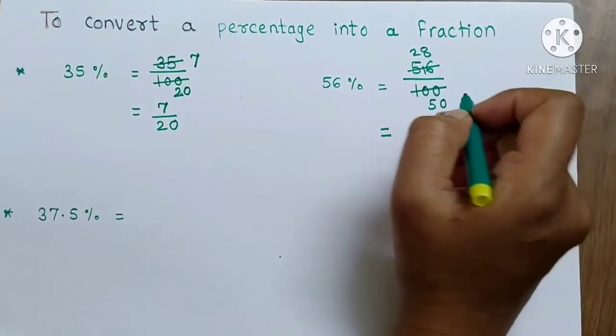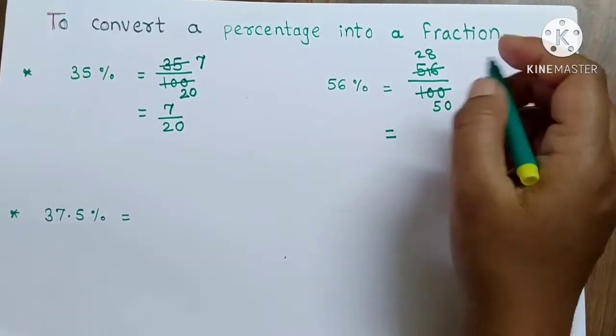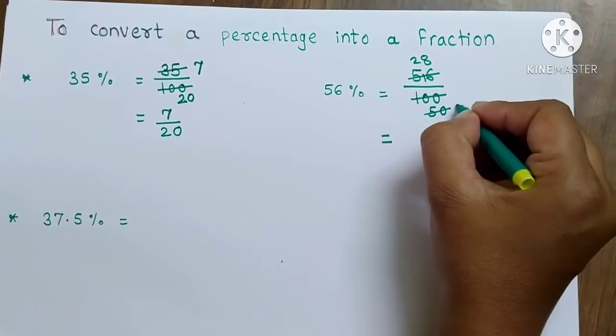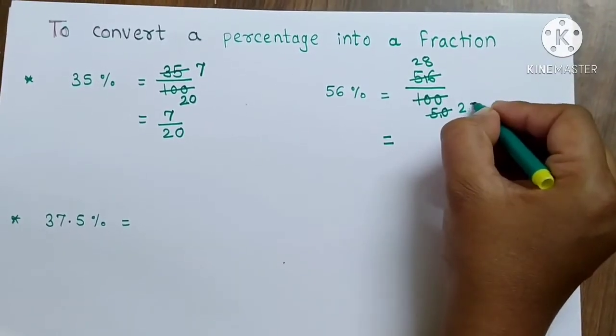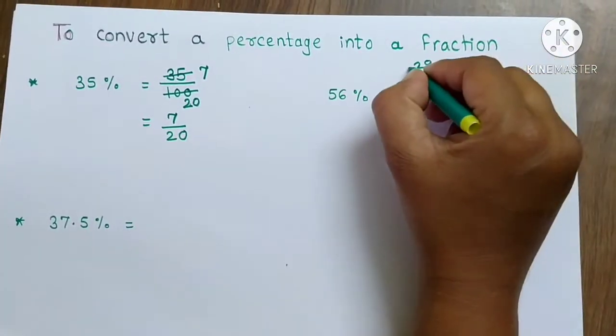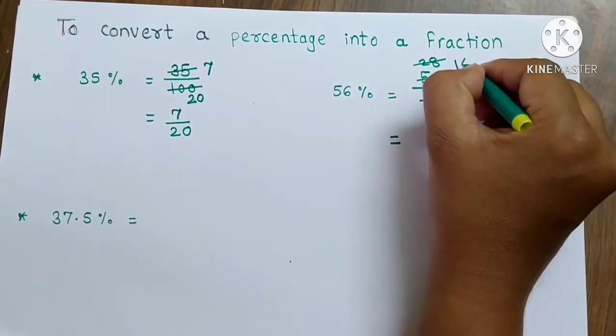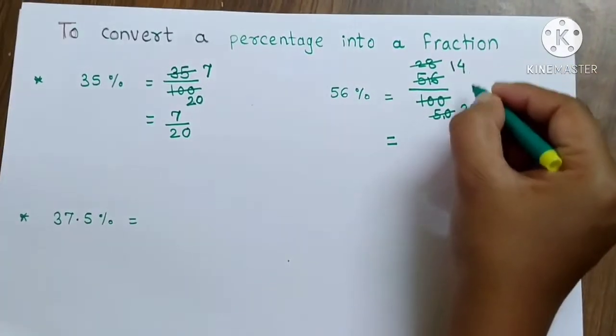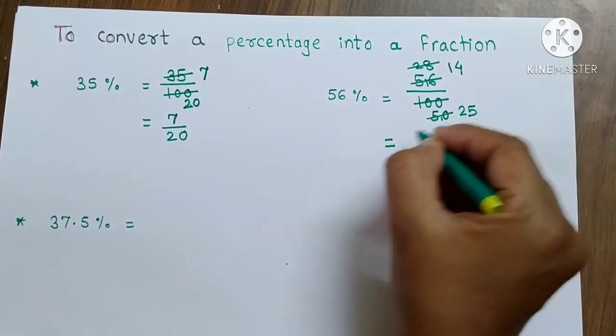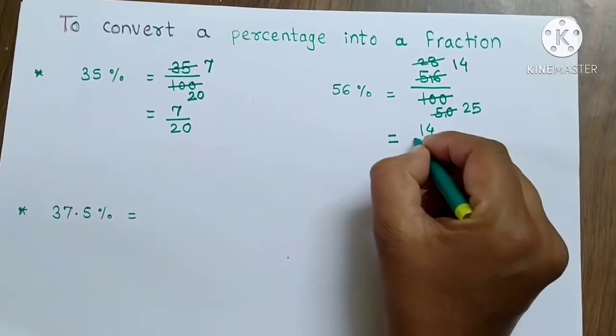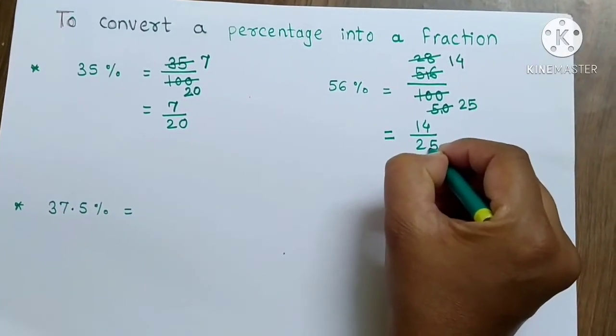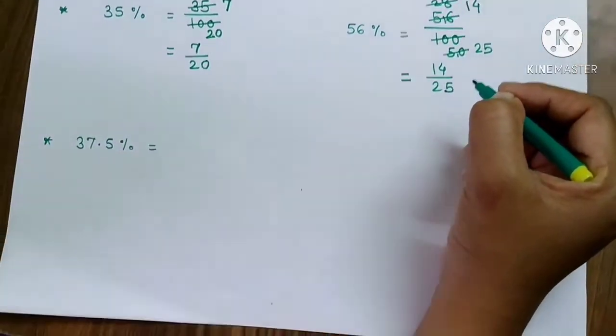Now again I am going to reduce this 28 and 50 by 2. 2 2s are 4, 1. 2 5s are 10. 2 1s are 2. 2 4s are 8. Now 14 upon 25 is the answer.